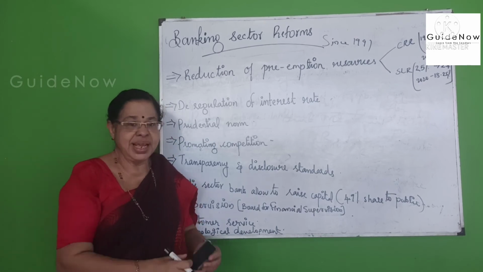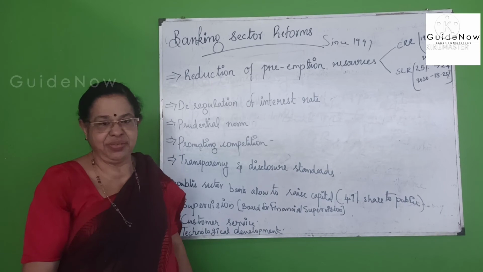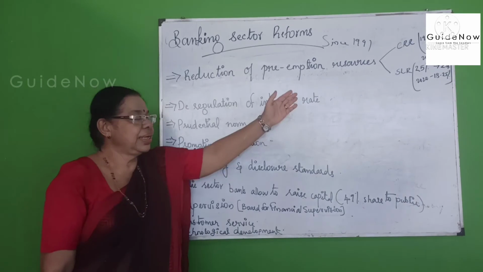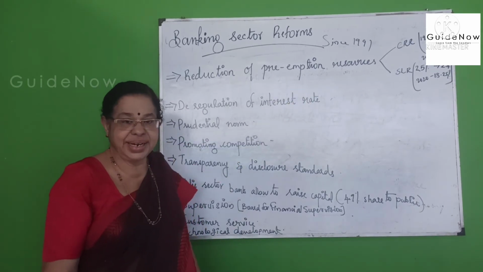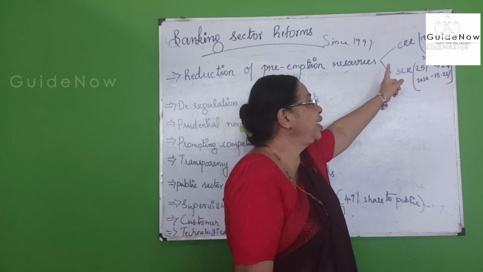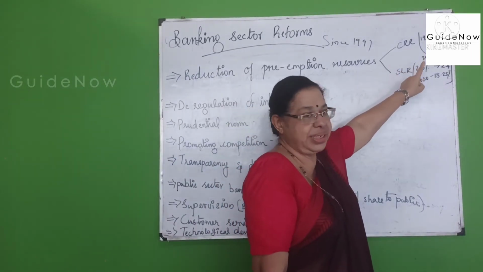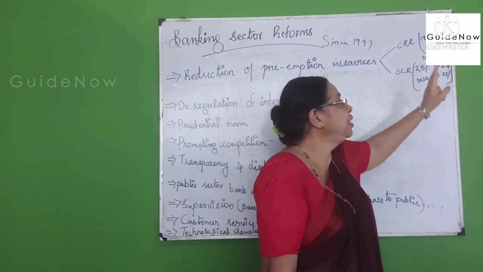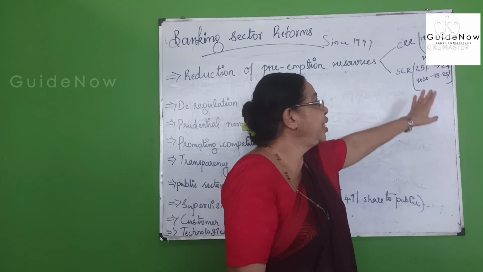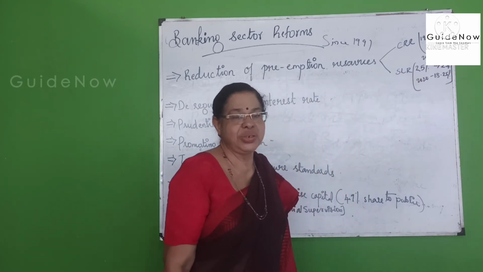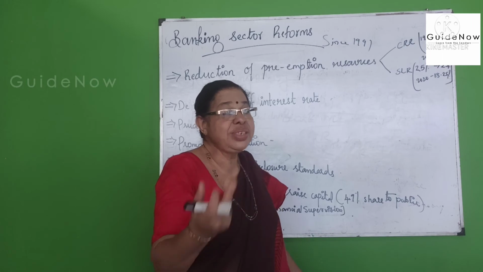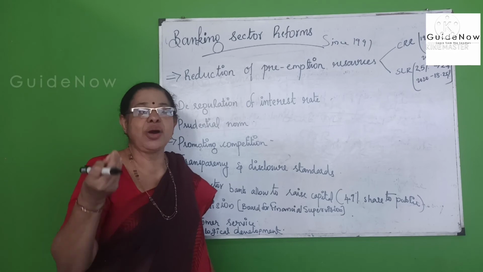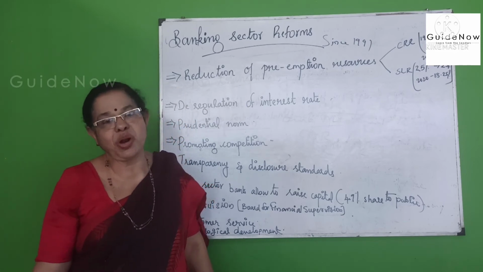To overcome this, after 1991 under the reform, the CRR and SLR were reduced. For example, before 1991 the CRR was 4%, then in 1991 it was reduced to 4.25, then in 2020 it was further reduced to 4%. Thus, reducing CRR automatically increases the business or transactions of the bank and increases profitability.